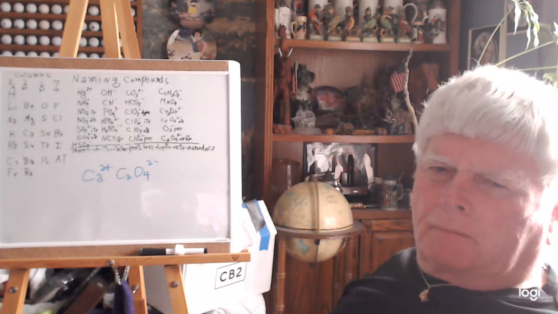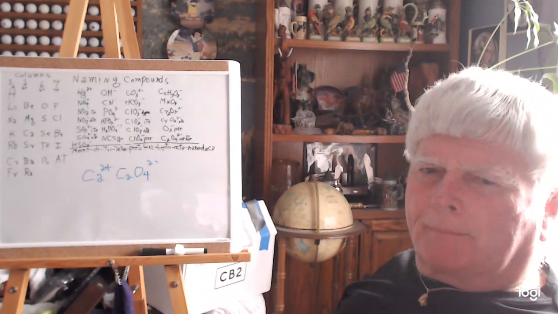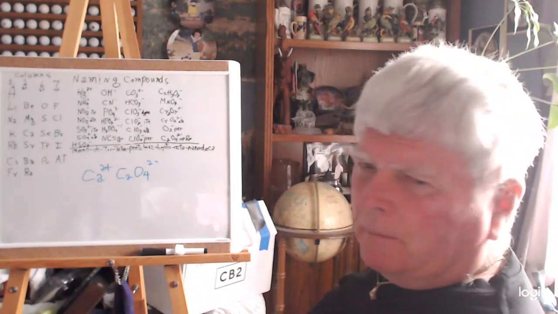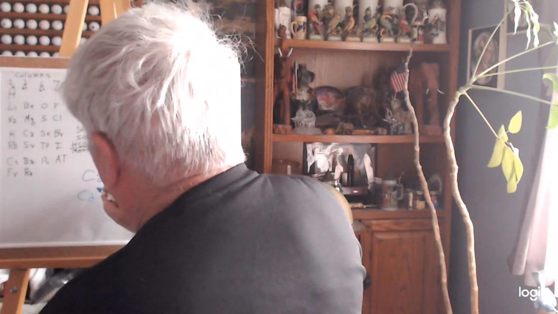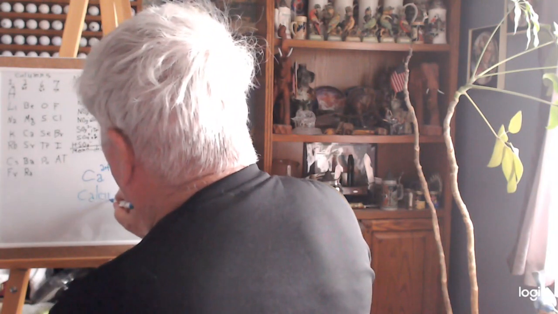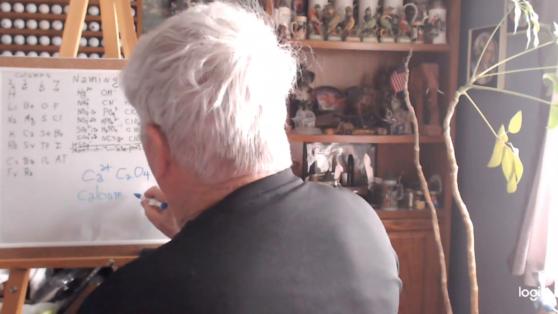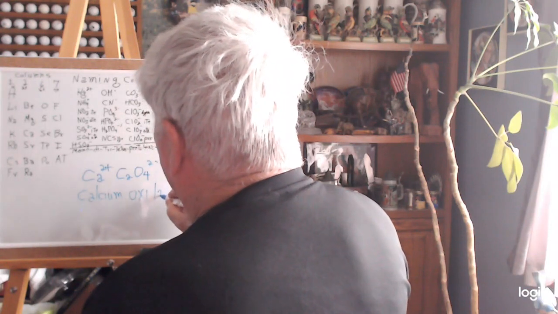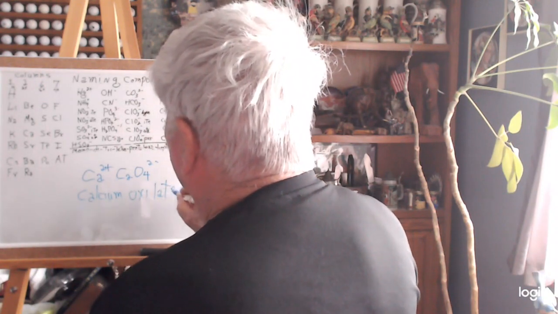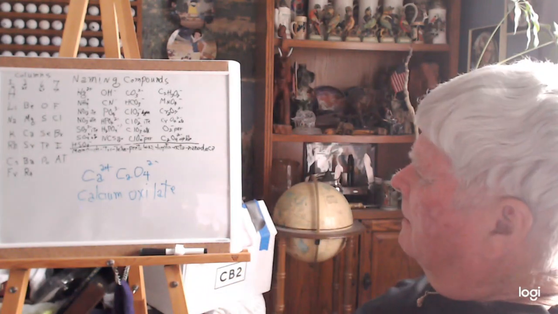Now, the part of it that's moderately difficult is naming it. Well, calcium retains the name from the periodic table. And the C2O4 is oxalate. So calcium oxalate.